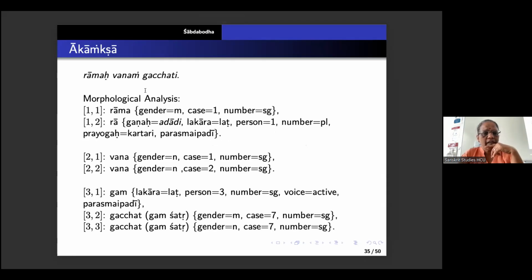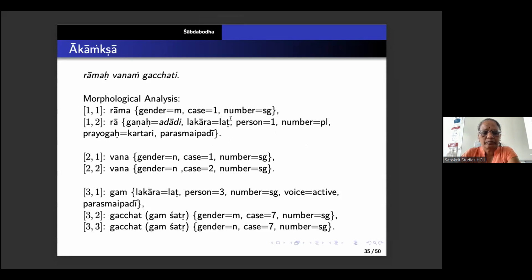Let me take an example, the same sentence, Rama Havanam Gacchati. The word Ramaha is ambiguous between two readings. One is Rama, masculine, singular, and in nominative case, or it can be Ra as the verbal stem, which belongs to a specific gana, specific class, adadi.